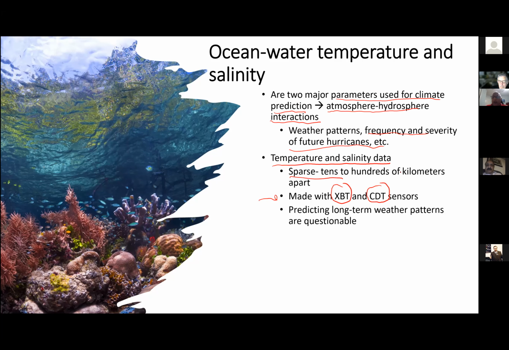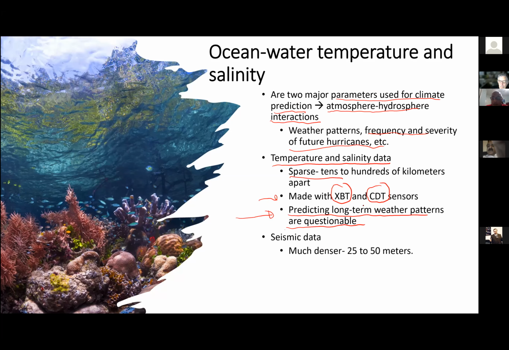But the problem is you cannot do it everywhere. And that is why short-term weather predictions are good, but very long-term weather predictions are questionable because of the sparsity of the temperature and salinity measurements.